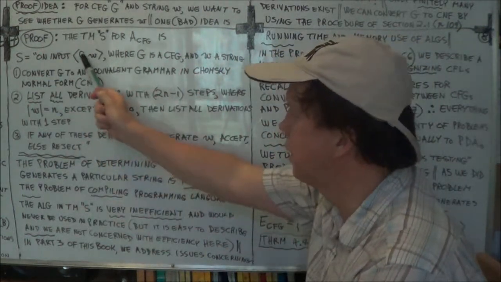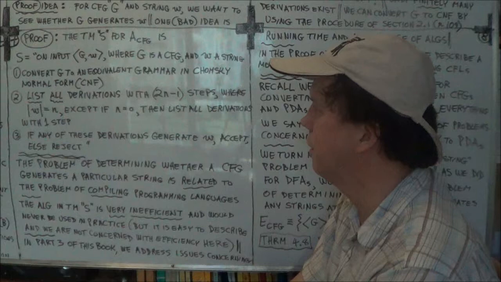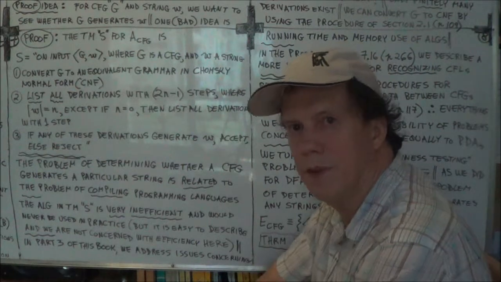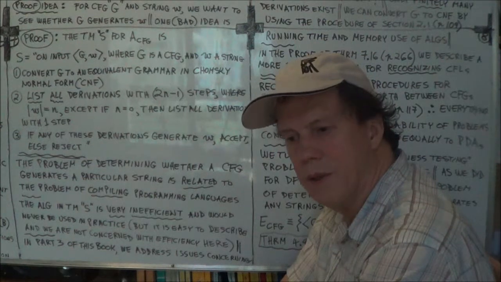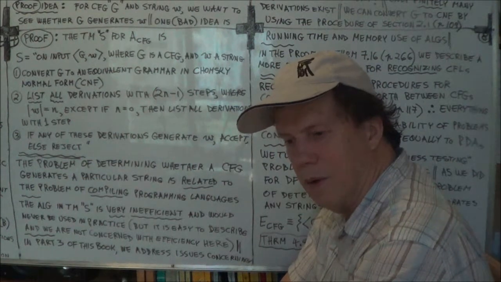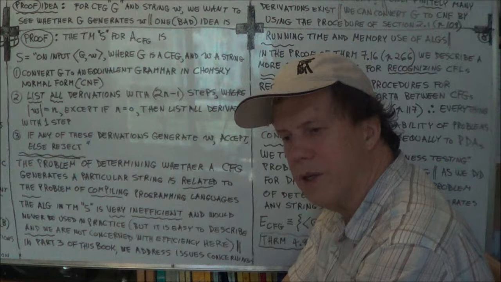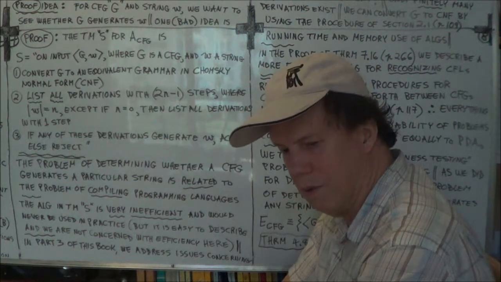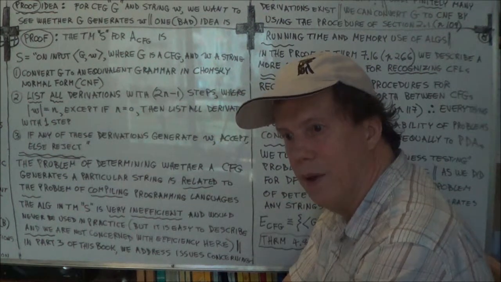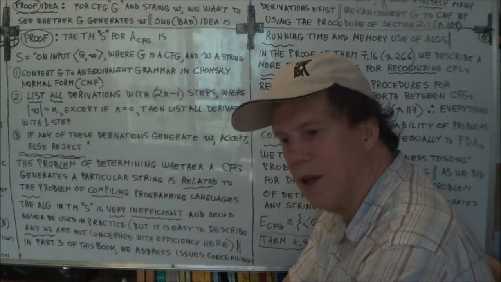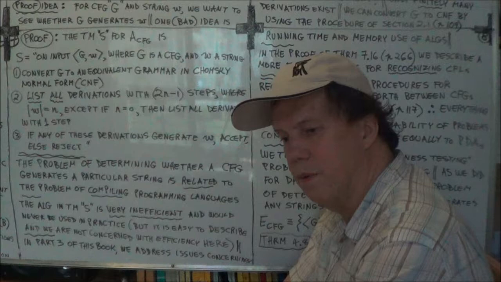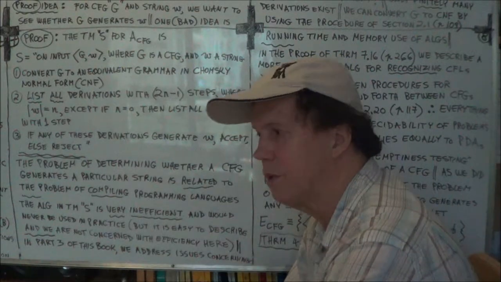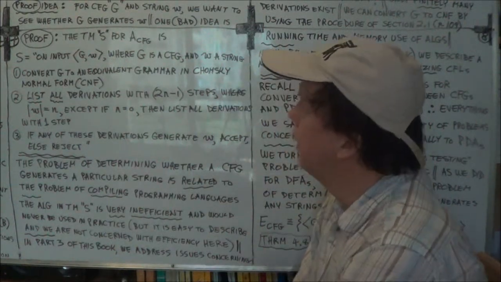Remember what that is? All the substitution or rewriting rules in CNF are such that the right-hand side is either a single terminal or two variables. That's what CNF is.